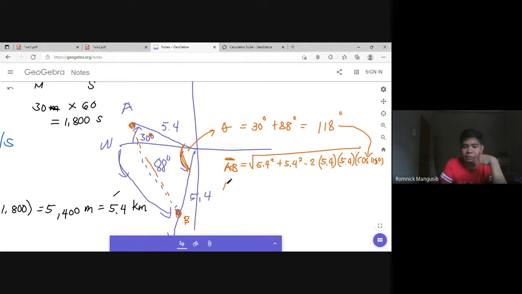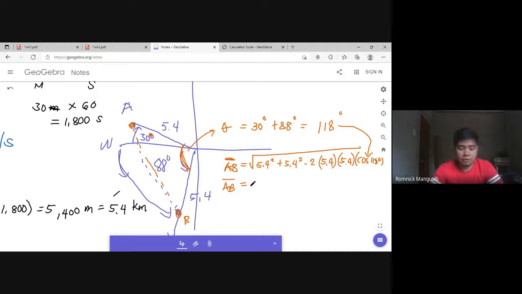Okay? So line segment AB or distance AB is now equal to, use your calculator, so we have square root of 5.4 squared plus 5.4 squared. At ang masosolve natin dito ay naka-express na siya into kilometers. Okay? Minus 2 times 5.4. Pwede na natin 5.4 and 5.4 product is equal to 5.4 squared.